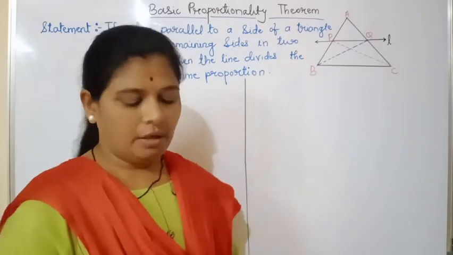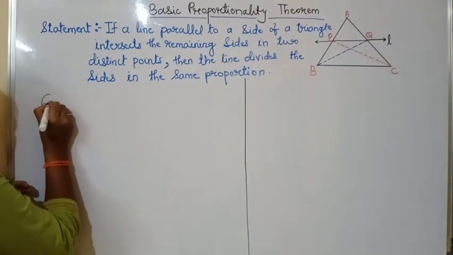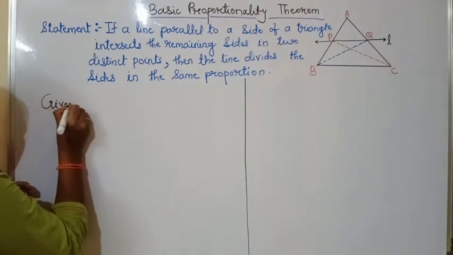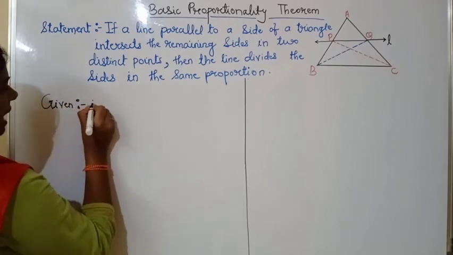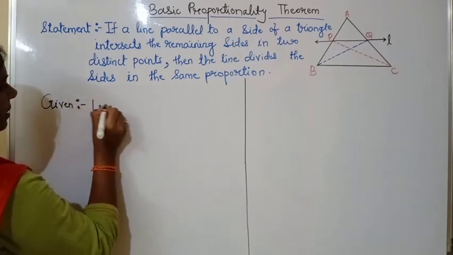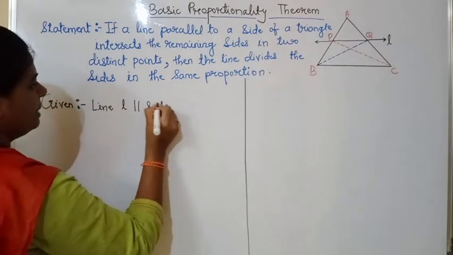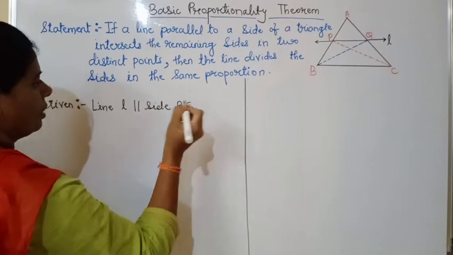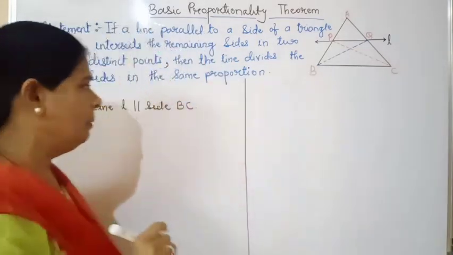Now we will write the given. First of all, we will write given. What is given in the triangle? It is given that line L is parallel to side BC. The first thing which is given is that line L is parallel to side BC.